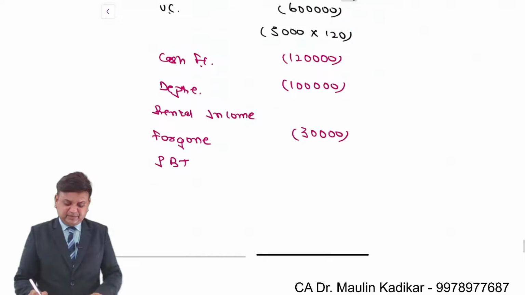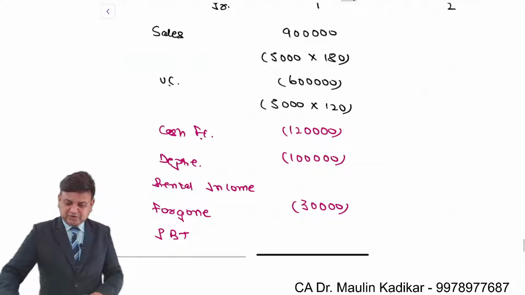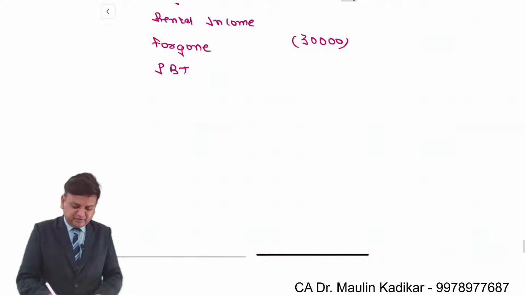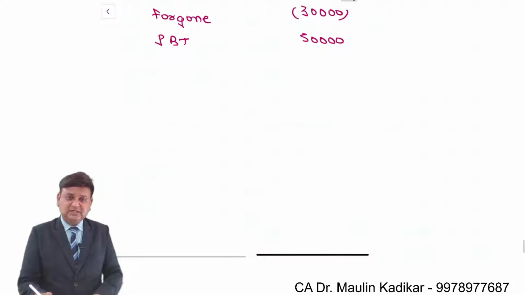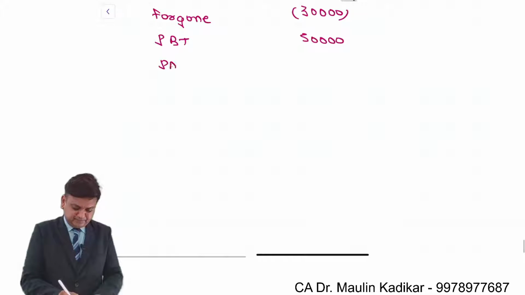And based on that, the PBT is found. So 9 lakhs minus 6 lakhs minus 120 minus 1 lakh minus 30,000. So you get profit before taxes of 50,000. Tax rate is 40%, so profit after taxes is 60%, that comes to 30,000.